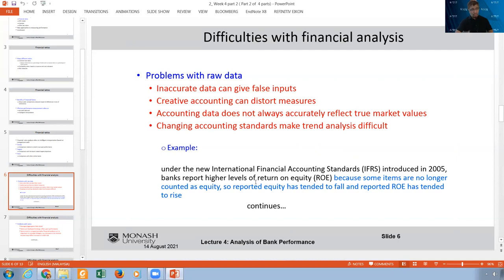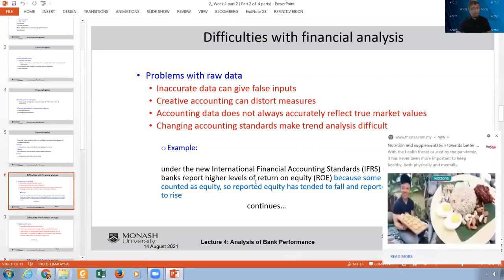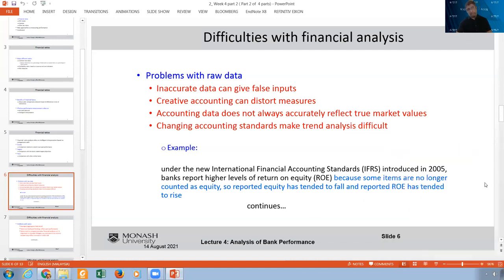So if the equity is high and you compare the return on equity last year, and you compare it after the change of the accounting policy and the equity is now becoming smaller, the return on equity will be higher, and therefore the ratio will be higher. And this is what we say, accounting policies can actually change the interpretation, especially when we are talking about trends.